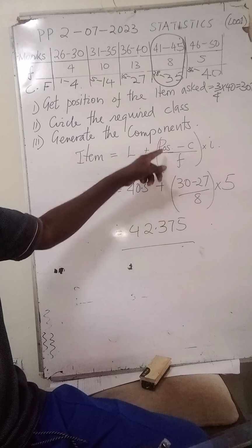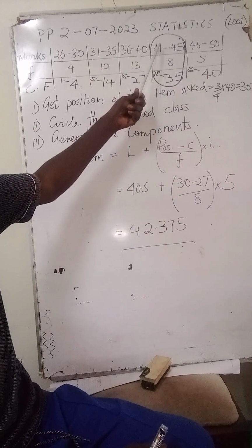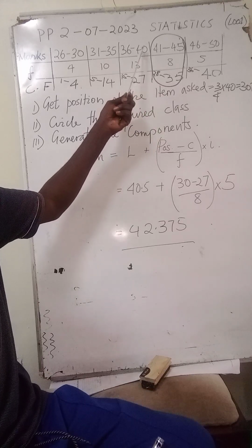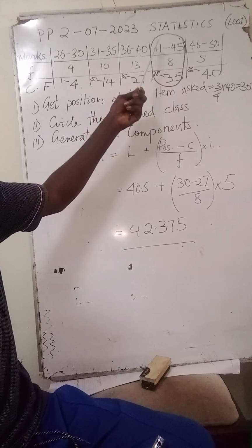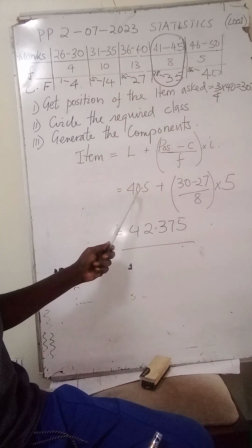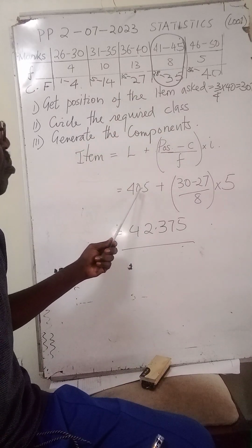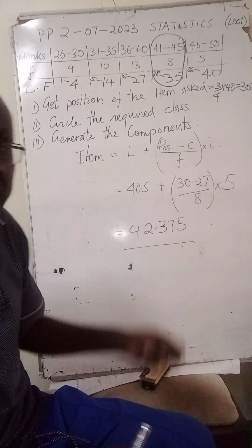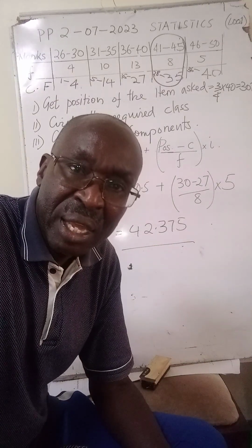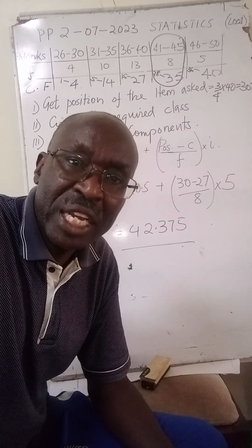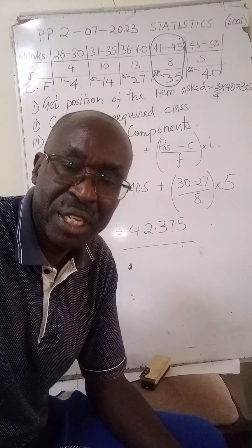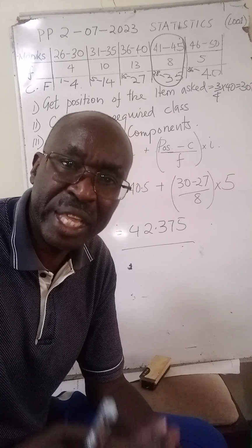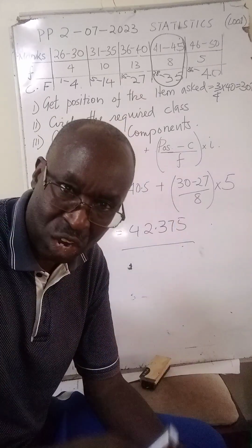So in my formula, this is the lower limit. The preceding class ended at 40, so I take 40 plus 41, divide by 2, and I get that. Then the position is 30. Subtract C. C is the previous cumulative frequency, the last cumulative frequency before the particular class you have circled.